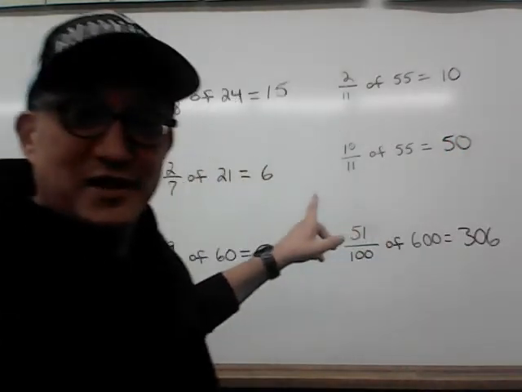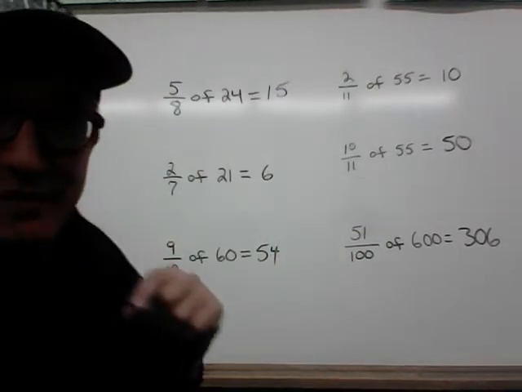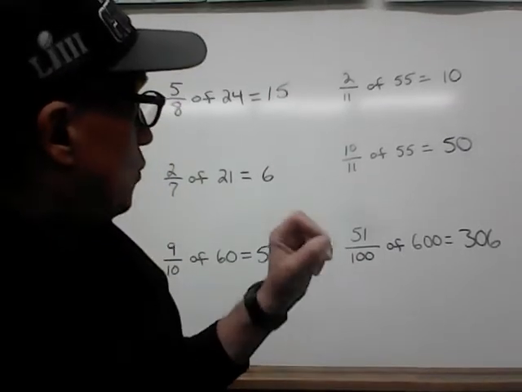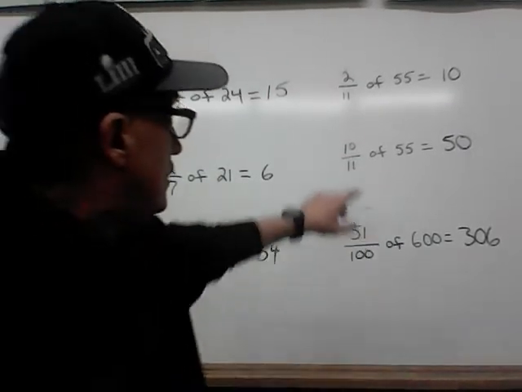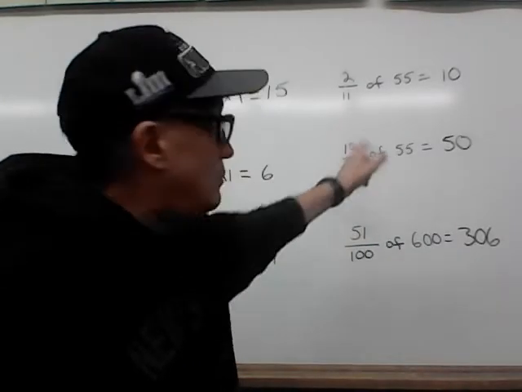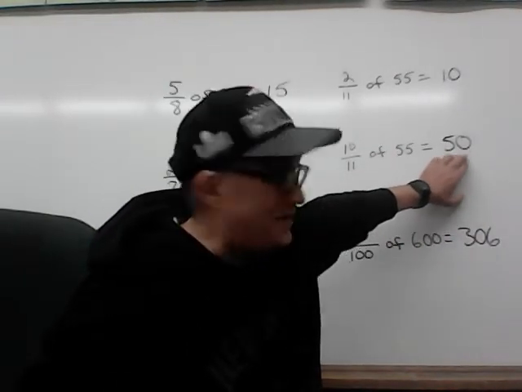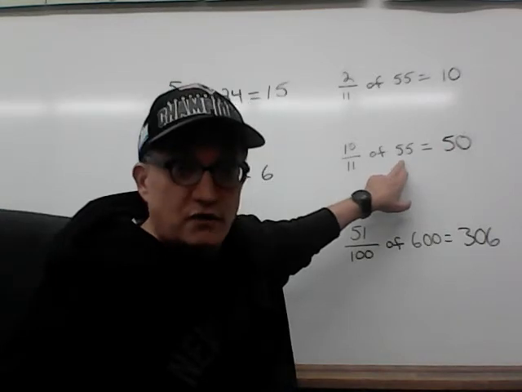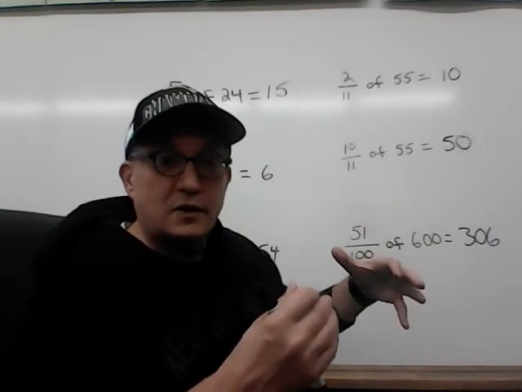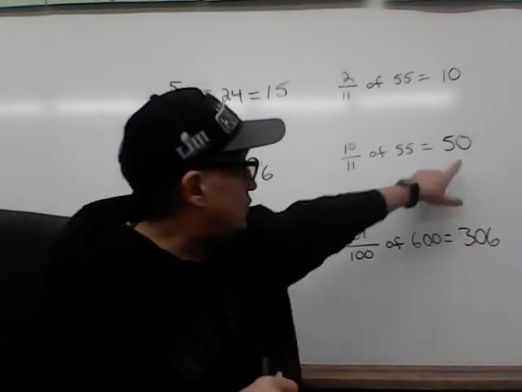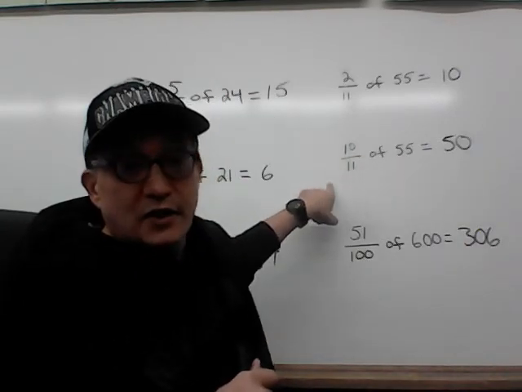I'm glad I went through and did this estimation because I just revealed the mistake. 10/11 of 55 is 50 because 1/11 of 55 is 5. So 10/11 is 10 times 5, or 50. Now, the point I was trying to make before I saw that mistake is this 50 is close to the 55 because 10/11 of something is almost the whole thing. But of course it's less, because 10/11 is less than 1.